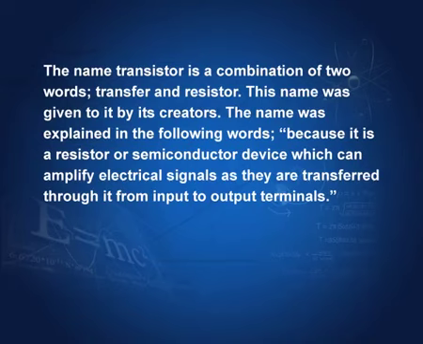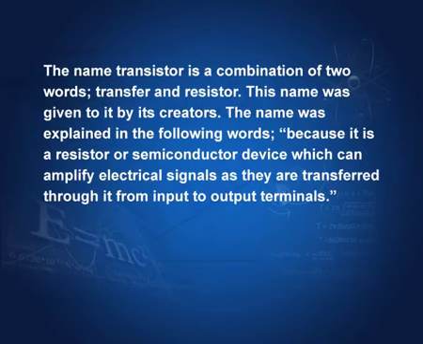How does the name transistor come about? The name transistor is a combination of two words, transfer resistor. We take the ISTOR of resistor, and TRANS of transfer, and the word becomes transistor. This name was given to it by its creators.